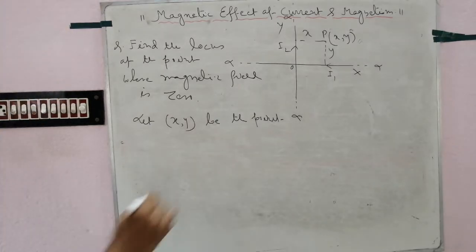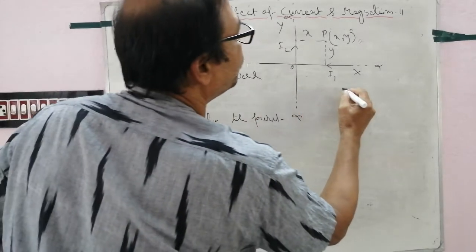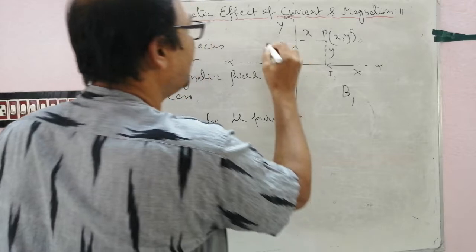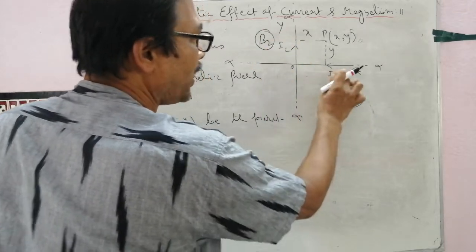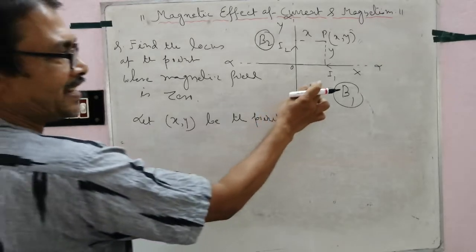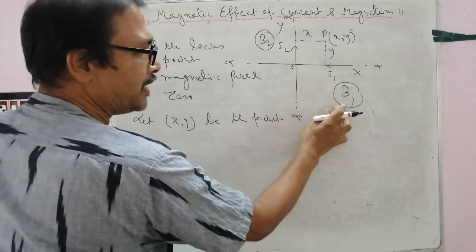So the magnetic field due to the first wire, for this wire suppose B1, and for this wire suppose B2. For the wire which carries current I1, the magnetic field is B1.